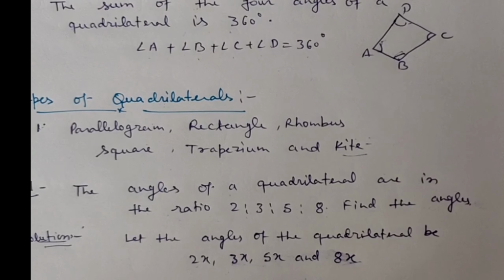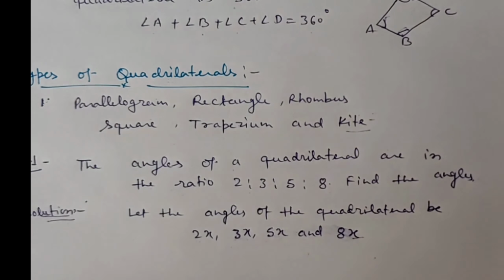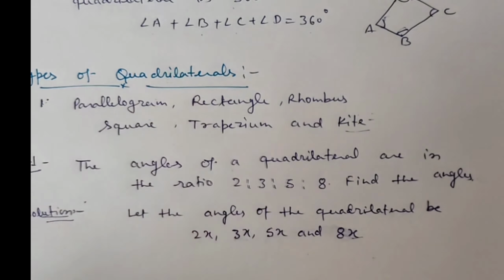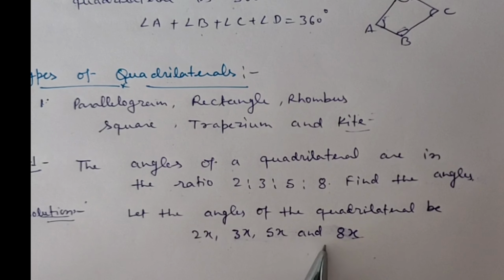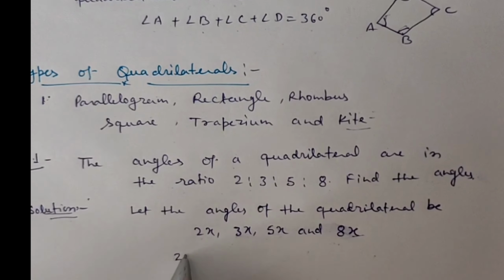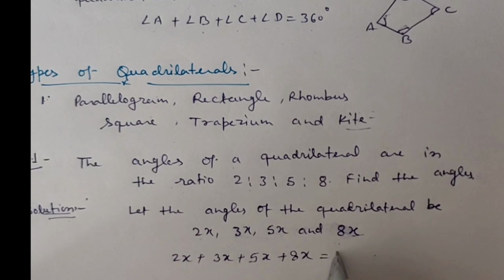Now using this angle sum property, you can find the values of the angles. How will you do this? You know that the sum of all four angles will be 360 degrees. It means if you add 2x plus 3x plus 5x plus 8x, their sum will be equal to 360 degrees.